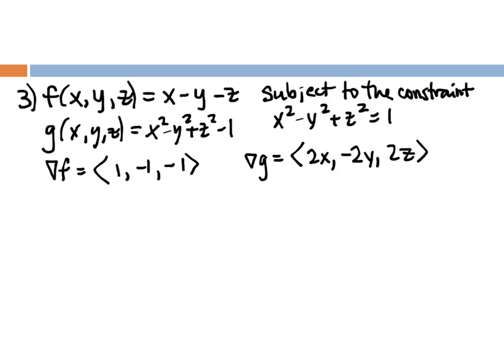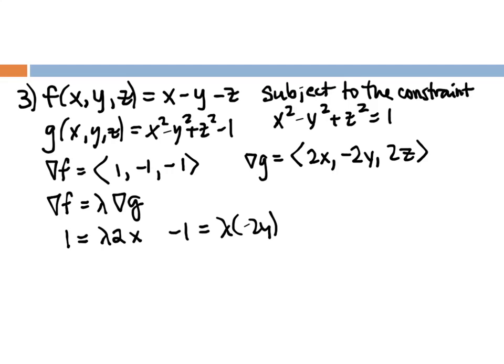Okay, so the next step is to do the gradient equation with lambda in it. And like I said, what this really boils down to is component-wise. So component-wise, I have 1 equals lambda 2x, negative 1 equals lambda negative 2y, and negative 1 equals lambda 2z.